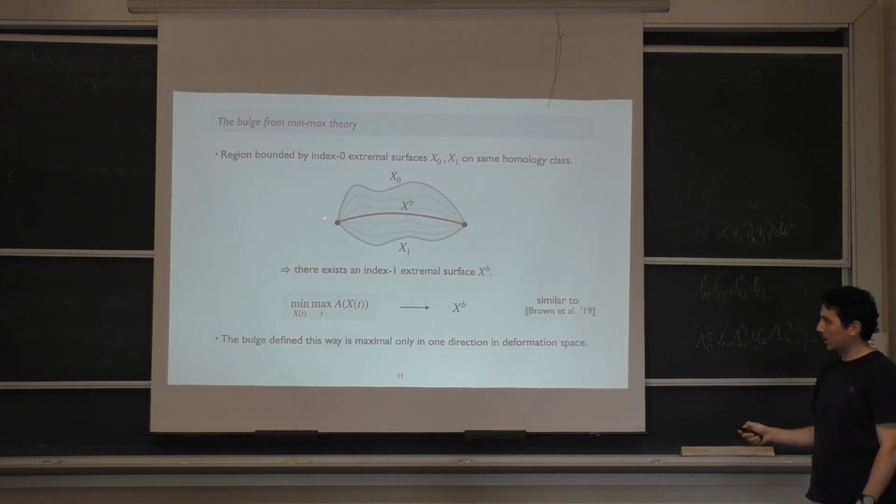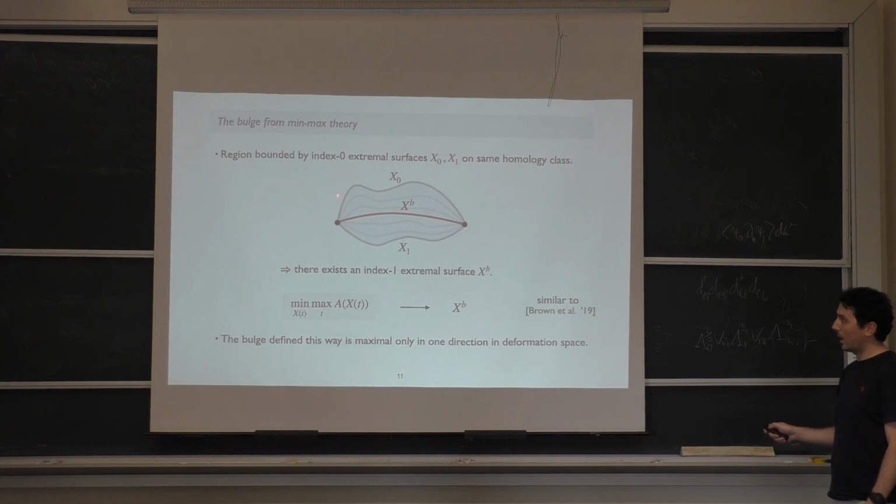And this surface, the mathematicians construct it by a minimax algorithm. The rough idea is to foliate this region by hypersurfaces, and find the maximal area hypersurface for a given foliation. Then the second step is to minimize over foliations.